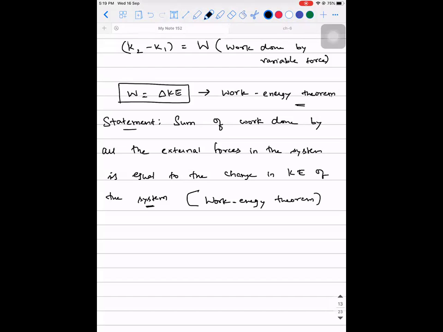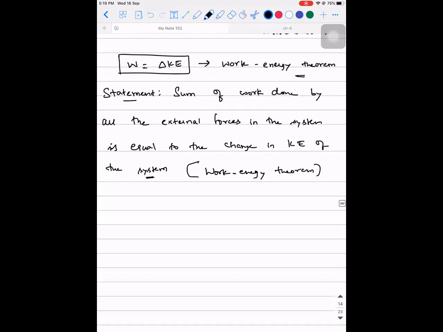Done? Okay. So this is one of the theorems in this chapter, the work energy theorem. There is another important theorem that we are going to learn in this chapter, called the energy conservation theorem.